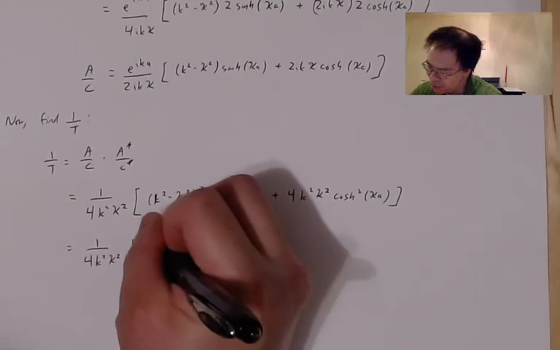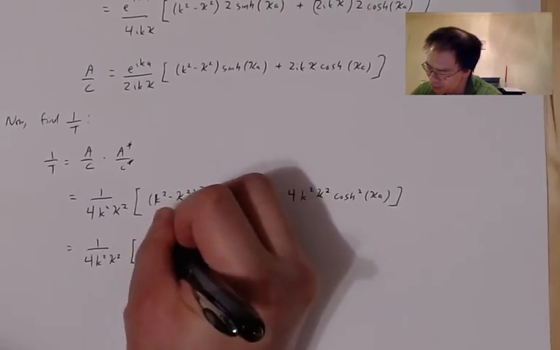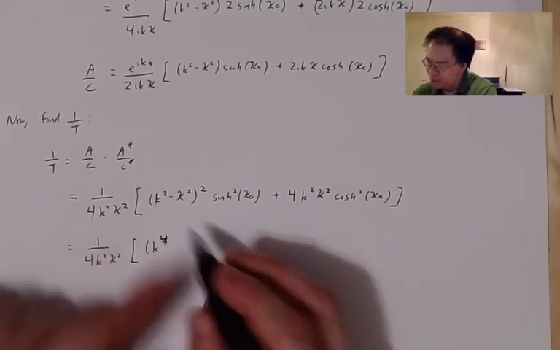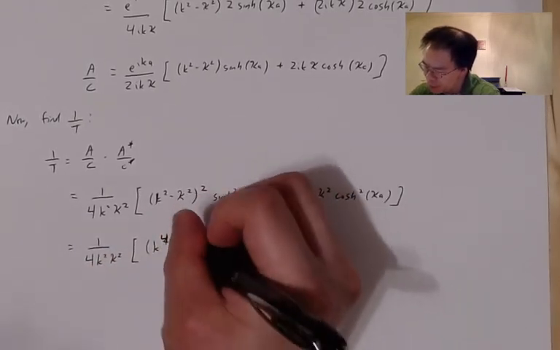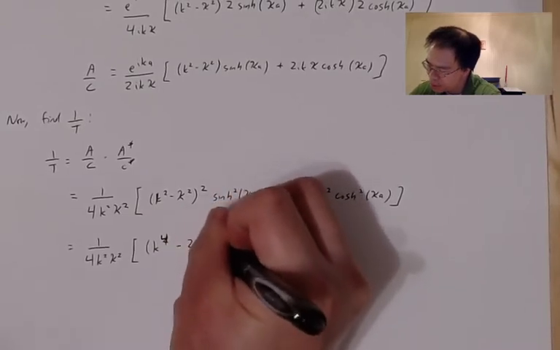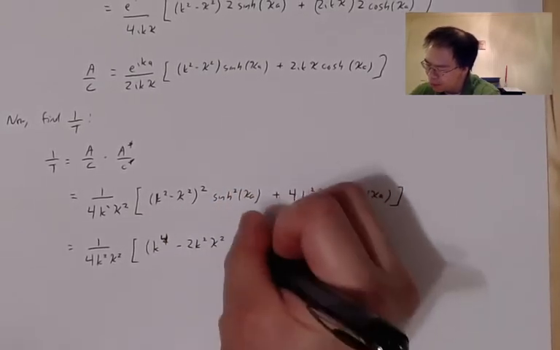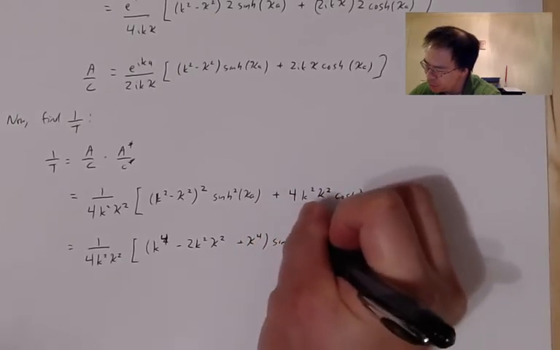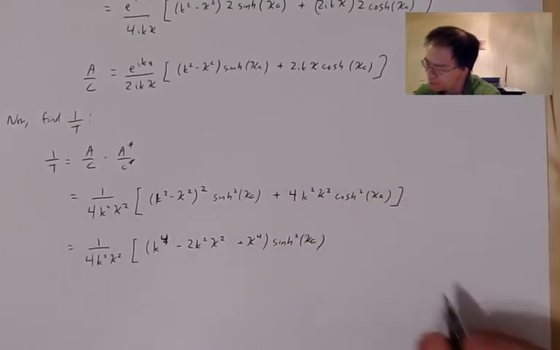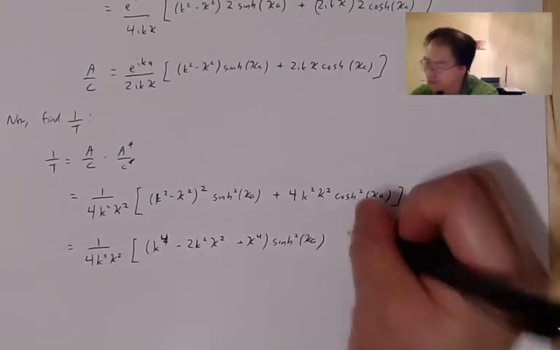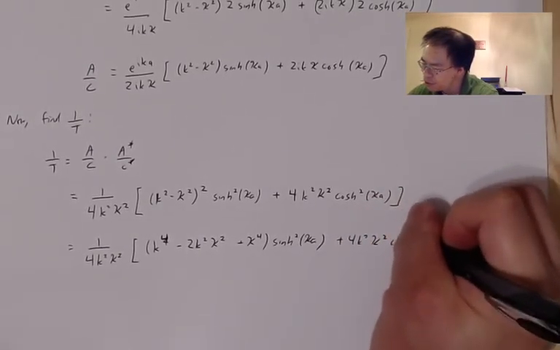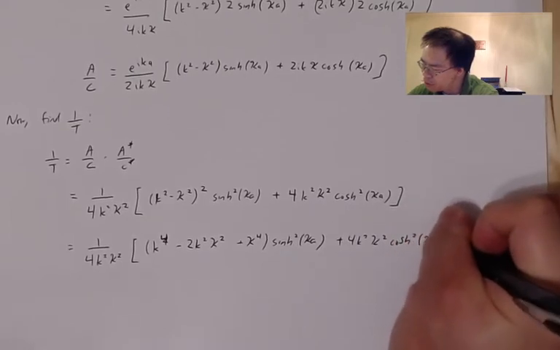That gives me k to the 4th minus 2k²κ² minus 2k²κ² plus κ to the 4th, sinh² κa, plus 4k²κ² cosh² κa.